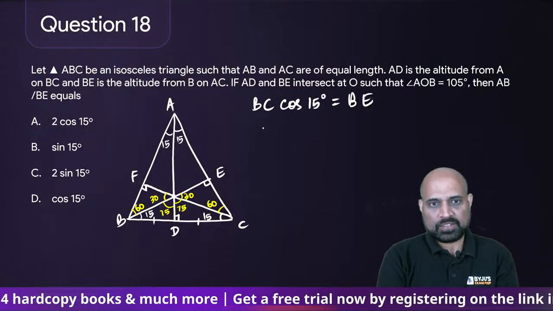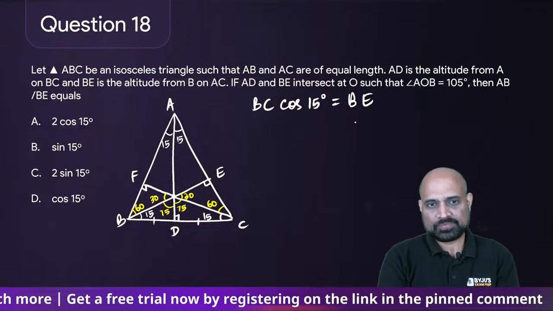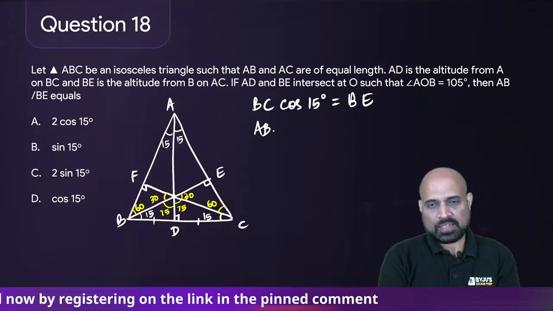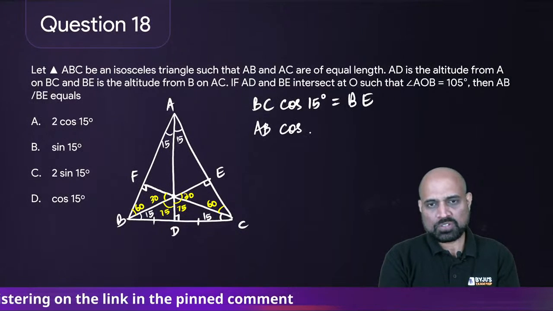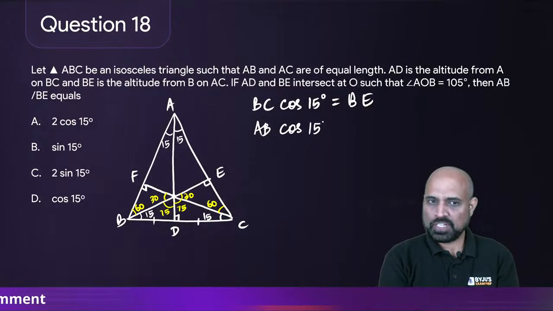And we can write AB cos 15 degrees is equal to AD.